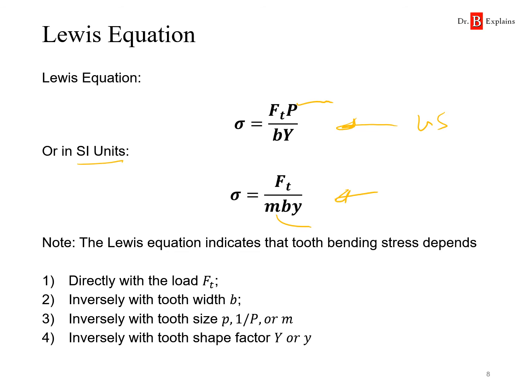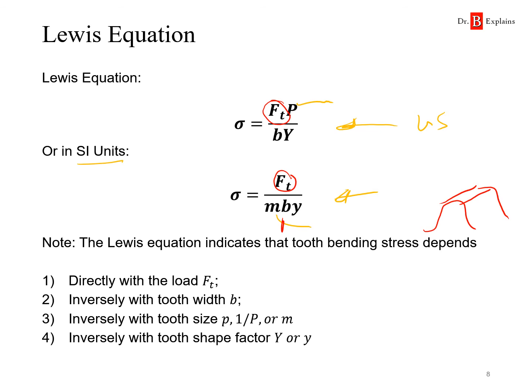Regardless of which one we're looking at, we can see from the equation that the bending stress is going to depend directly on the tangential force being applied, meaning the higher the force, the higher the stress linearly, as expected. It's also inversely proportional to the tooth width B, so the wider the tooth is, the bigger the B, which is at the bottom, the smaller the stress, as expected.